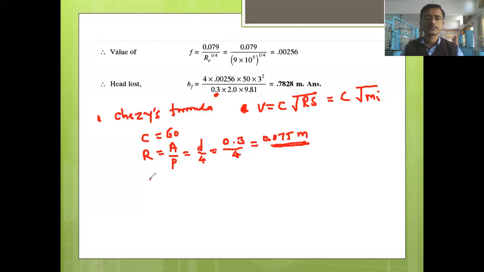Then S. S is equal to what? HF upon L. So here, first of all, let us find out S. Okay. Velocity दिली का आपल्याला?